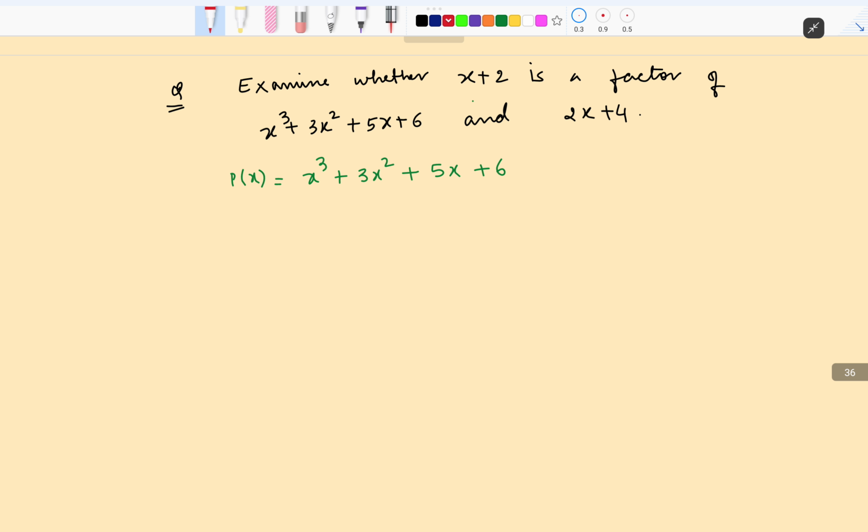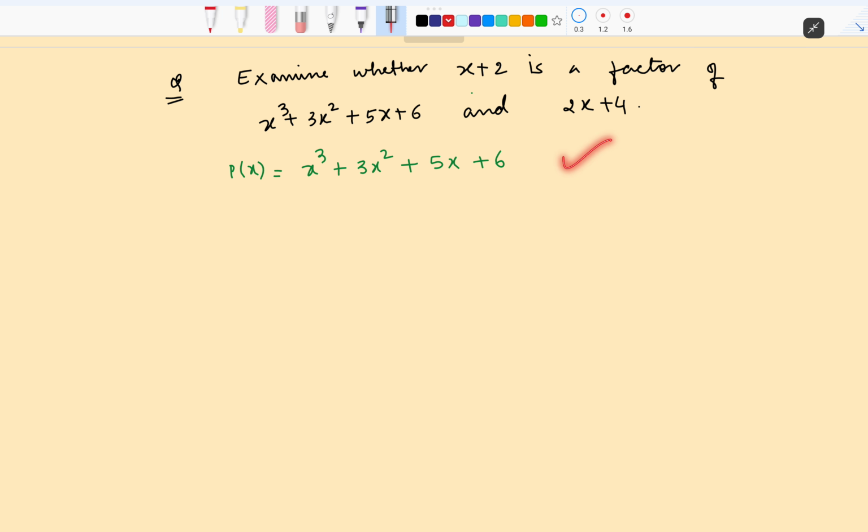Okay, moving forward, let's do one of these questions where you need to apply the factor theorem. Examine whether x plus 2 is a factor of this polynomial. याद करो मैंने क्या कहा था, अगर फैक्टर दिया हुआ है तो आपको 0 निकालना है और फिर क्वेश्चन सॉल्व करना है. हमें फैक्टर दिया हुआ है x plus 2 is a factor, right? तो 0 of the polynomial will be x is equal to minus 2, right?